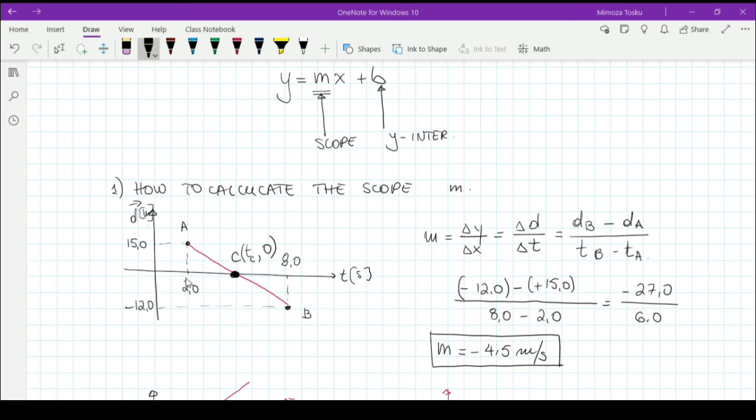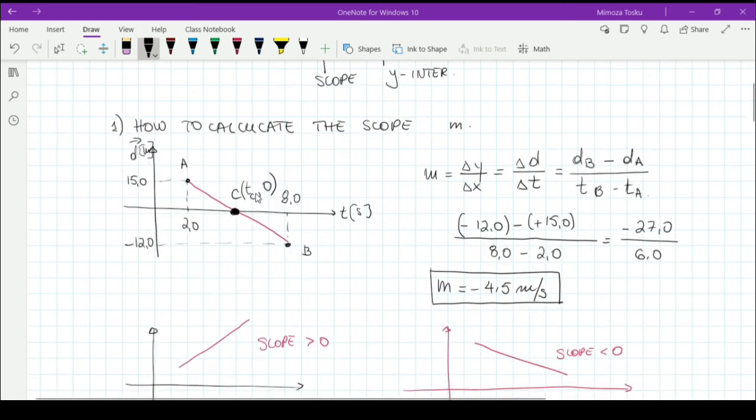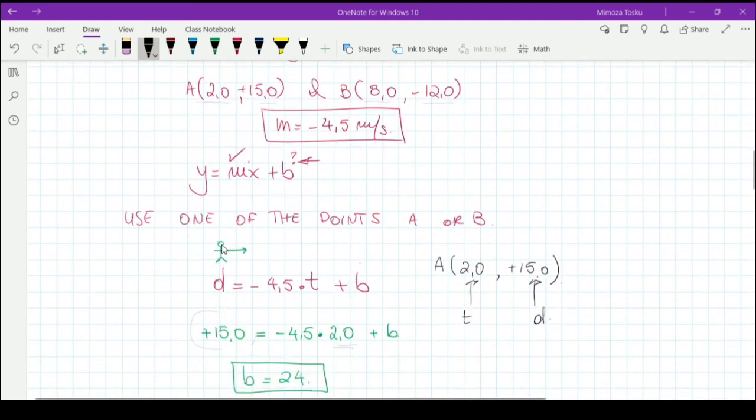Keep in mind that any point on the x-axis, in our case the t-axis, has a value of y, in our case d, equal to 0. So the coordinates of this point will be something for x, between 2 and 8, and 0 for the y coordinate.